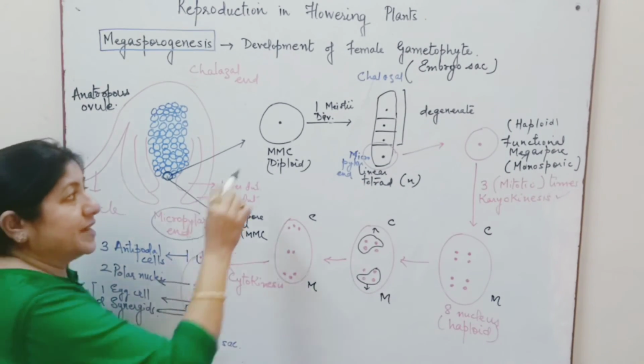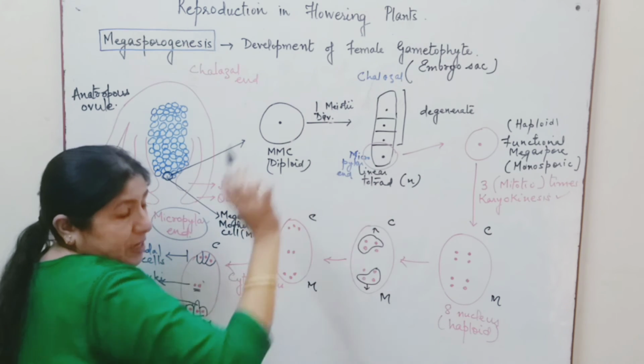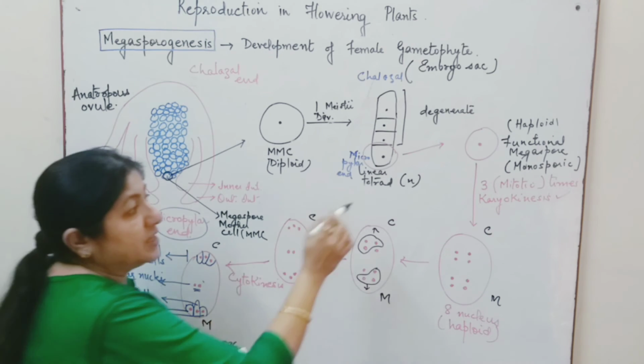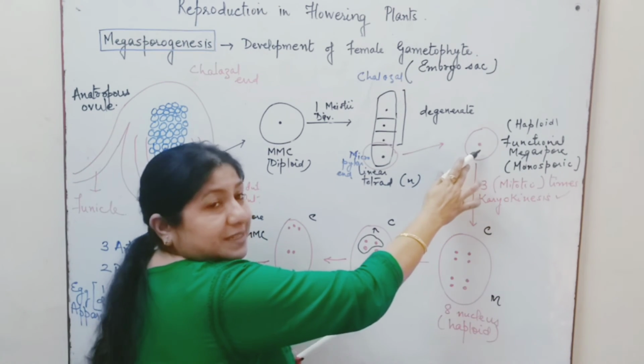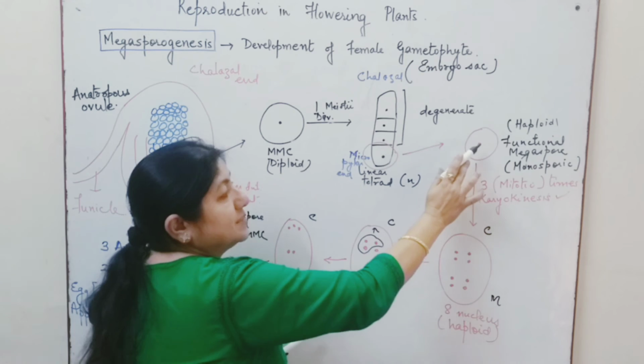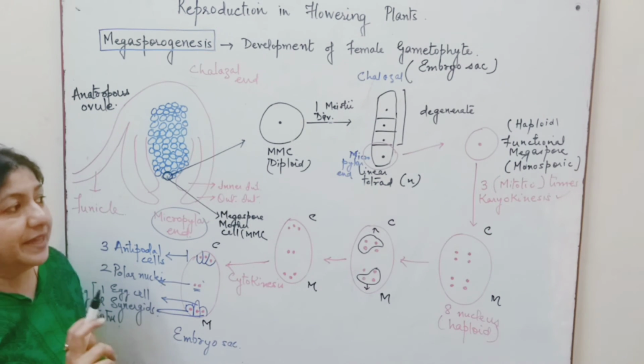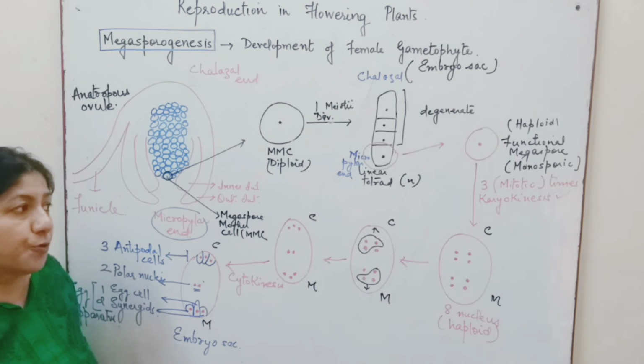Since the MMC has undergone meiotic division, it forms haploid cells. So this functional megaspore is a haploid structure, and since the entire embryo sac develops from one cell, it is known as monosporic.